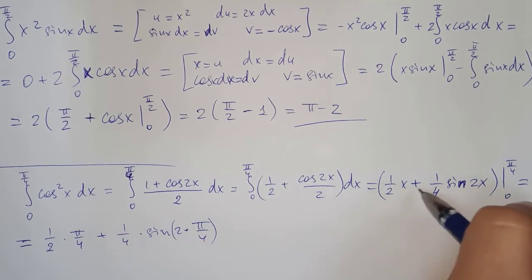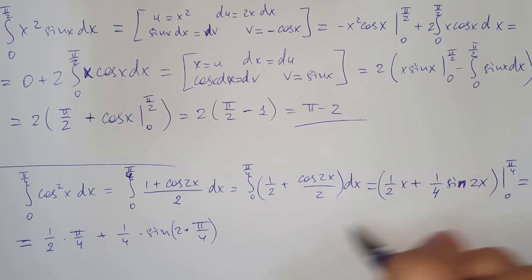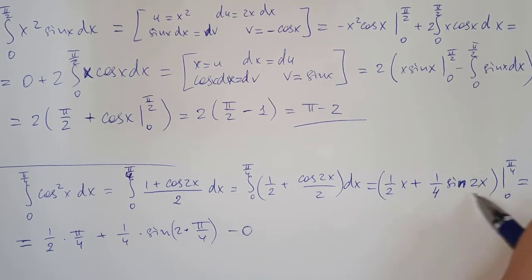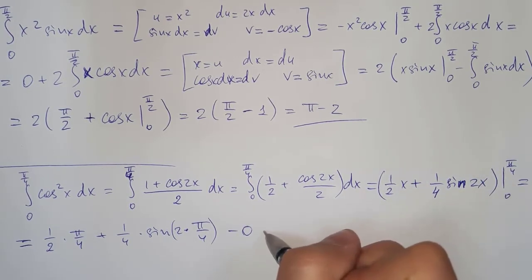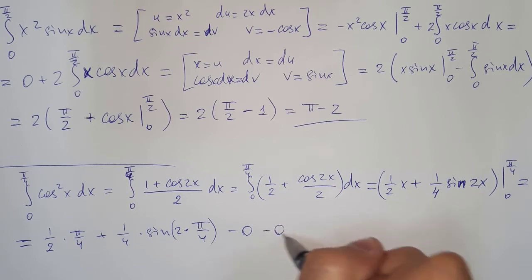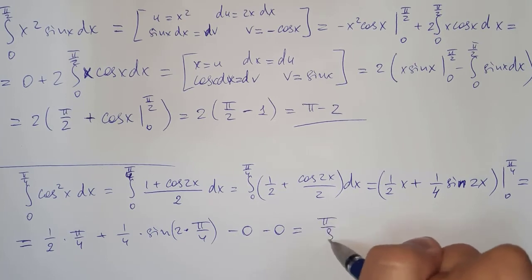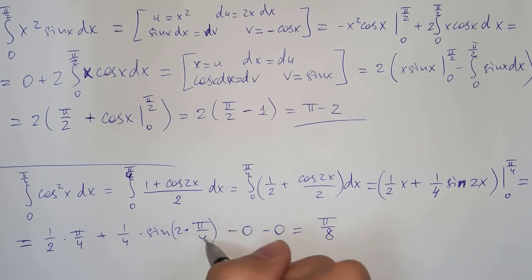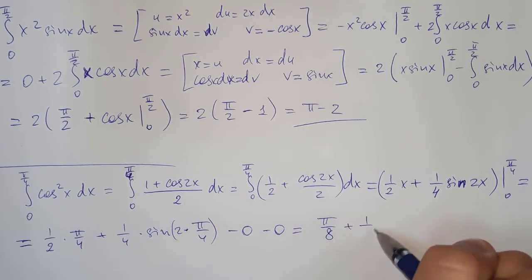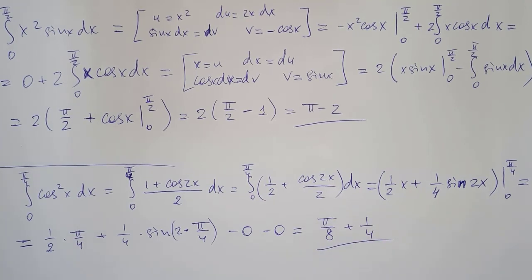And when you put 0, it will be 0 minus 0, and sine 0 is also 0 minus 0. So we have pi over 8, plus 1 over 4. This is the final answer.